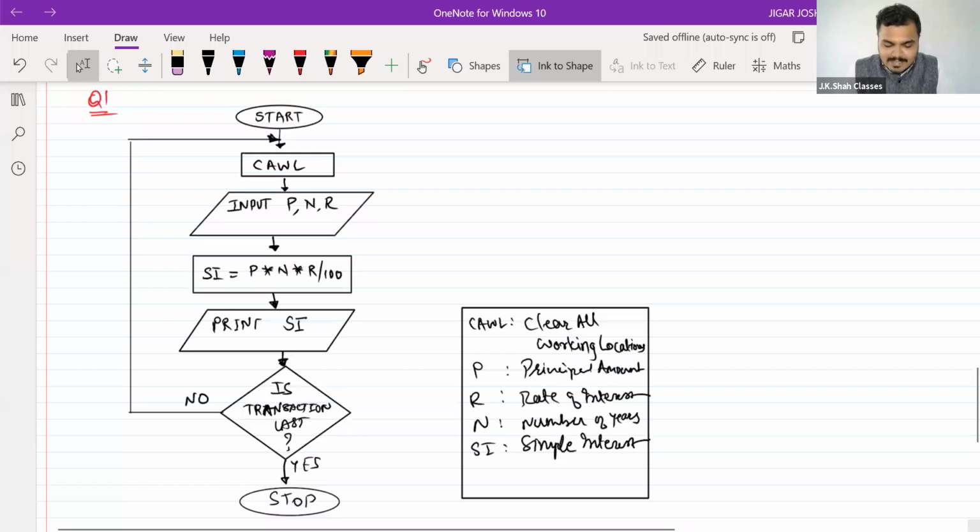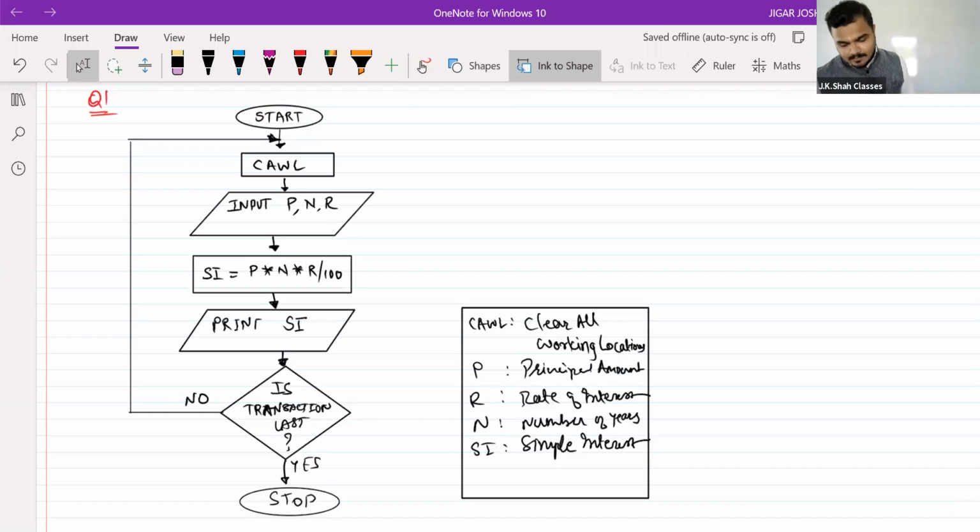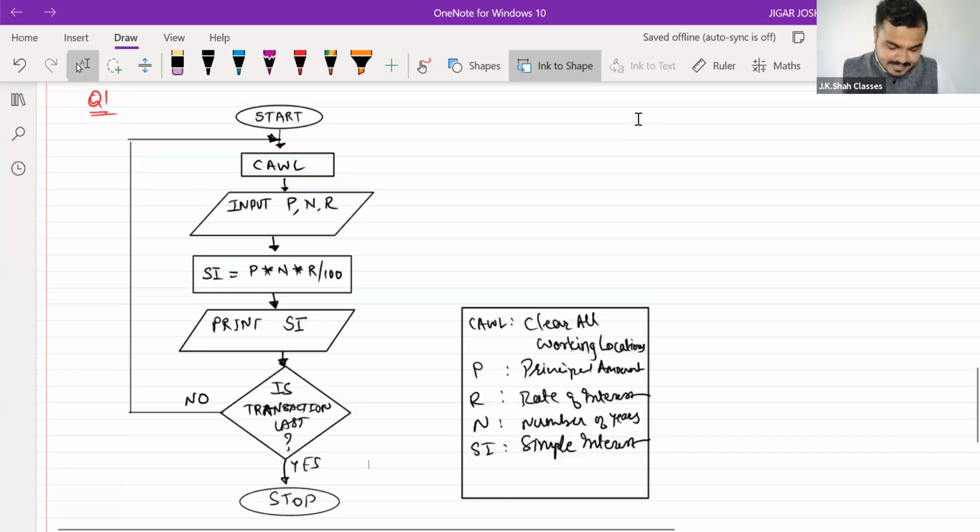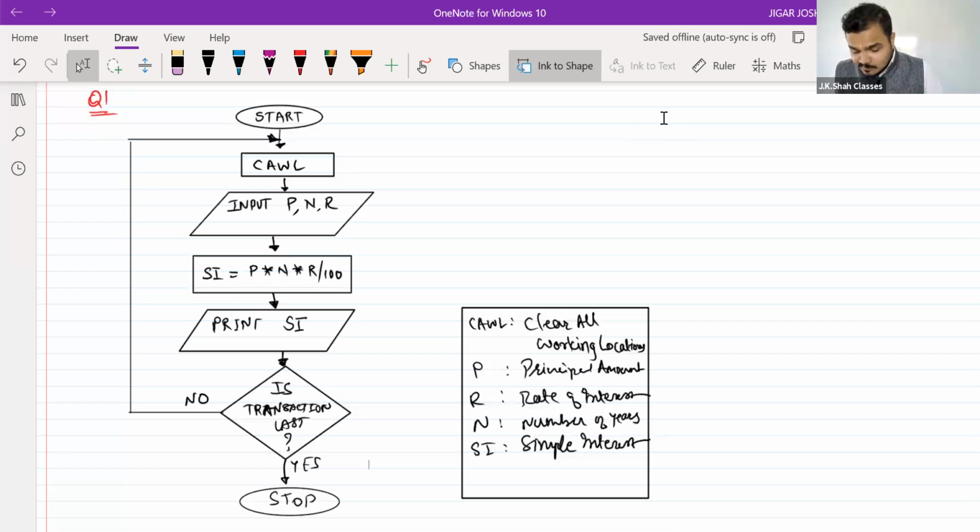I would like to ask each and every chartered accountant, have you understood this entire question? Have you understood how it is drawn? If anybody has any doubt or needs clarification, please raise your hand and we will take that out right now. Whatever questions you have related to this, please ask me.